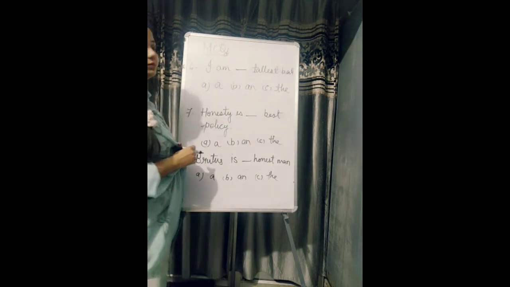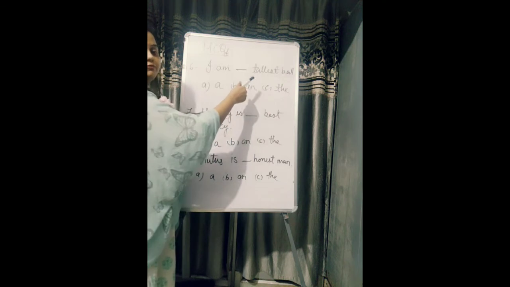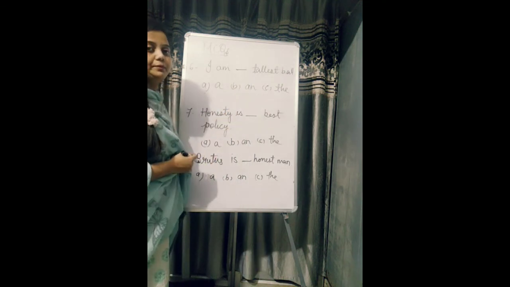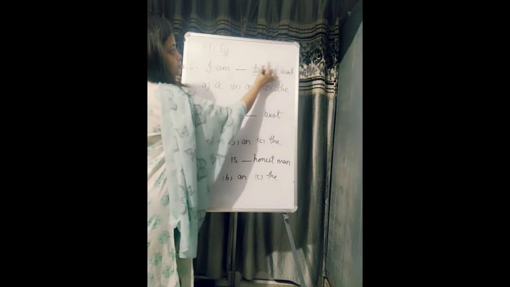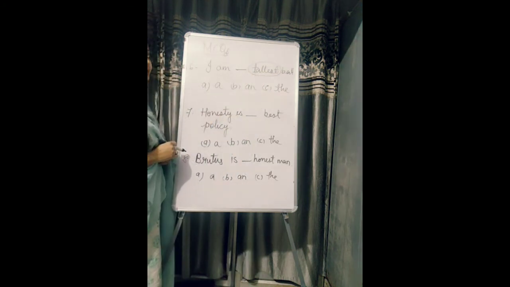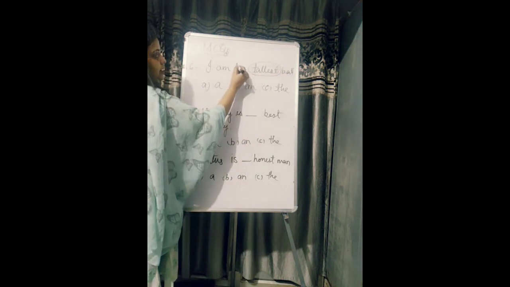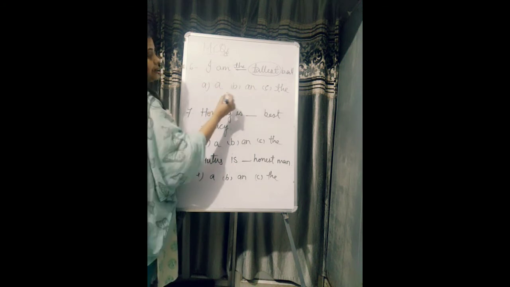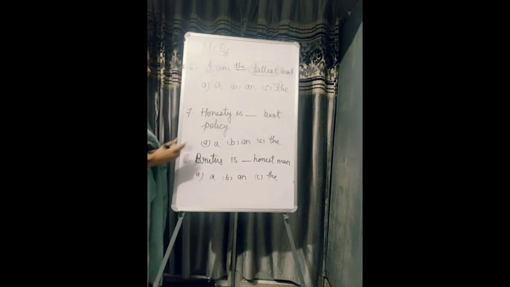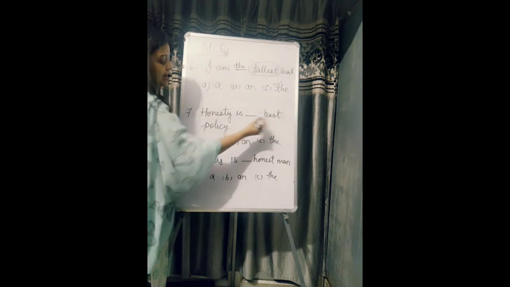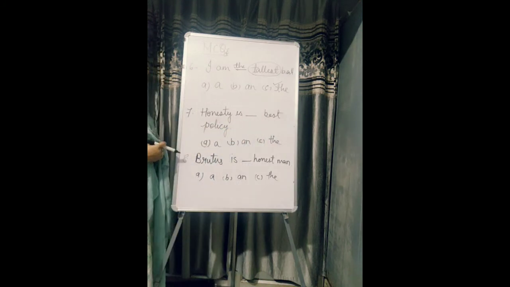Dash tallest boy. If you remember, I've told you we use the article "the" before the superlative degree. So over here tallest is a superlative degree, right? So over here we'll use the article "the". I am the tallest boy. Next, honesty is dash best policy.